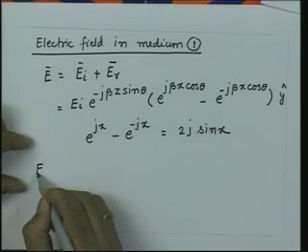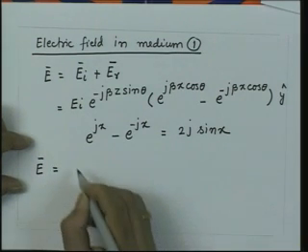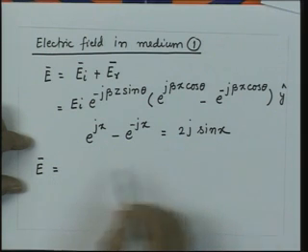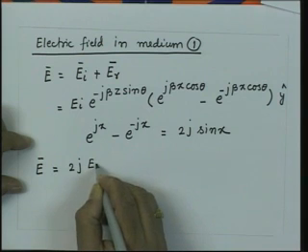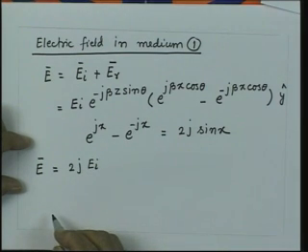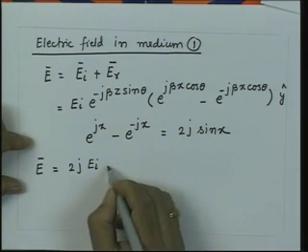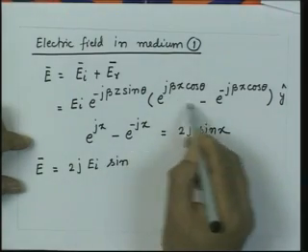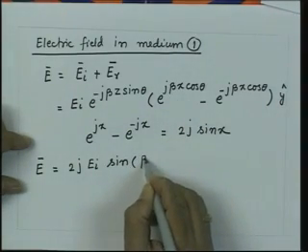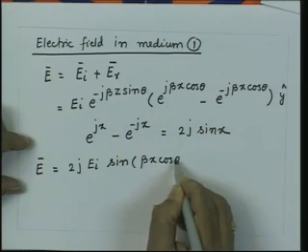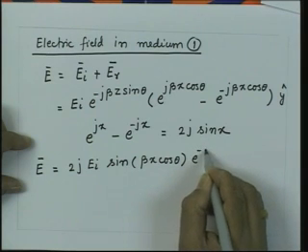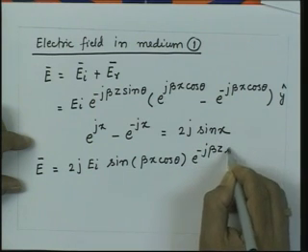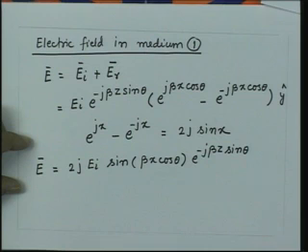So, we get now the total electric field in medium 1, which is 2 times j EI sine of this quantity, which is beta x cos theta, with this e to the power minus j beta z sin theta, and that is oriented in the y direction.